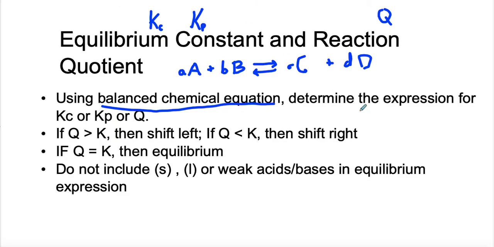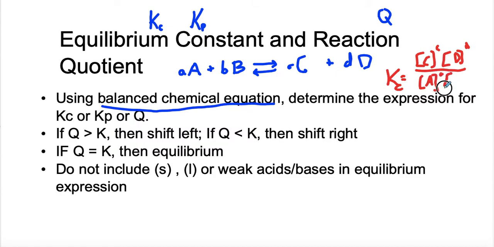Your K value is going to be your products over your reactants. So it's your concentration of C, using brackets for concentration, raised to whatever coefficient is on that C, times the concentration of D raised to its coefficient, divided by the concentration of your reactants raised to their coefficients.